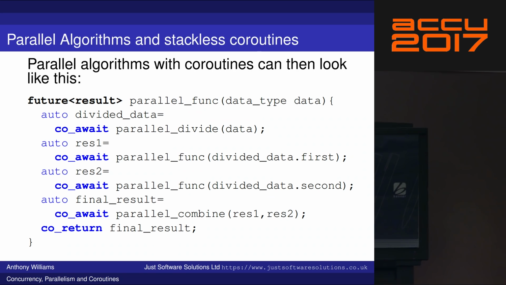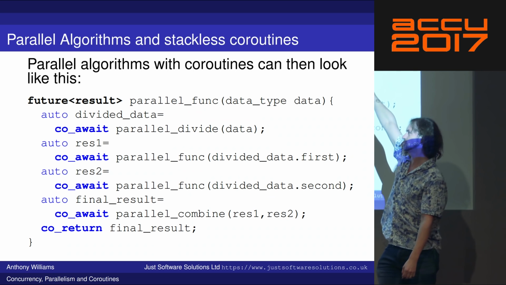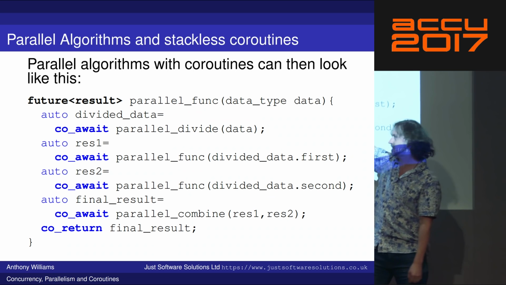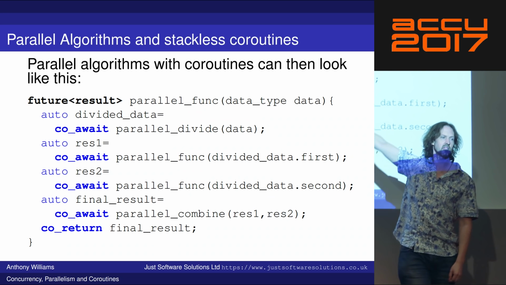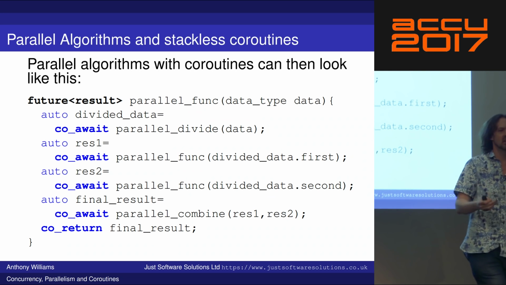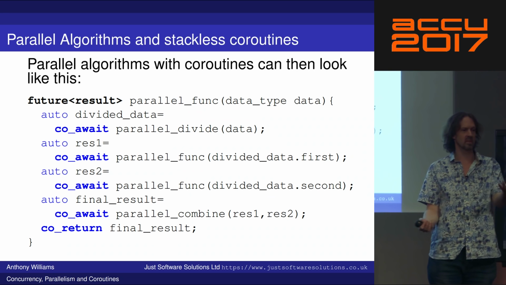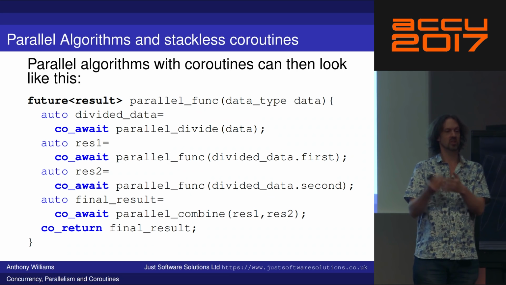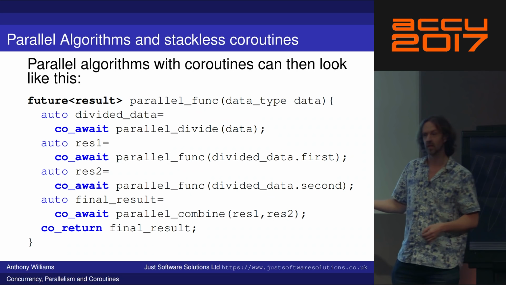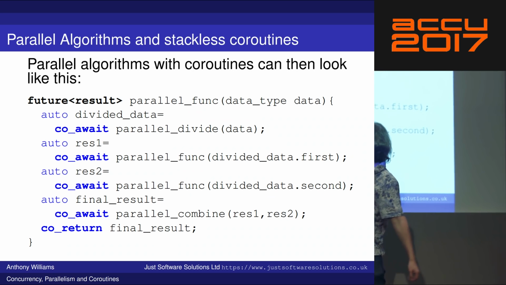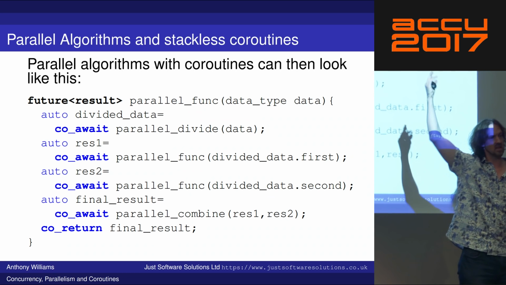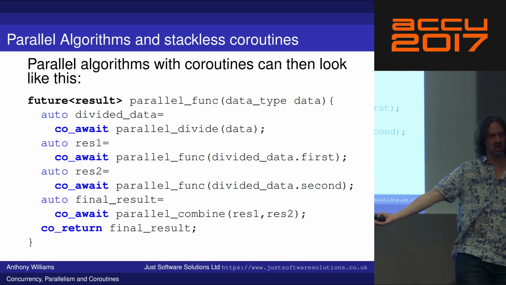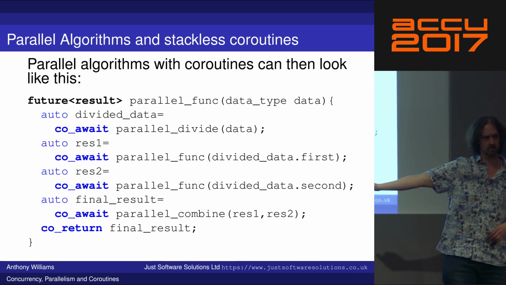Okay, so your function starts running, and it hits, we'll call it parallel divide. Assuming that parallel divide at some point is going to spawn new tasks, and at some point it's going to wait for things. So at some point it will be suspended, and then it returns a future, and we call co_await. So we're going to suspend the current coroutine until parallel divide is finished.